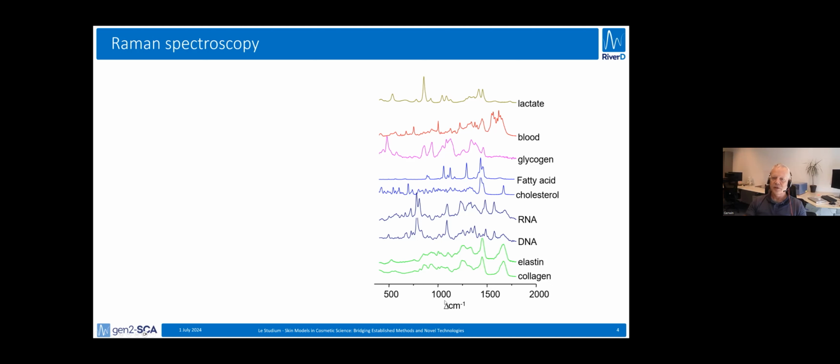So you can interpret this wave number axis. It's actually an energy axis, but you could see it as a wavelength axis, if you like. The thing I would like you to remember is that this shows very clearly that to a high degree, Raman spectra are molecule specific. So you can identify molecules based on their Raman spectrum.